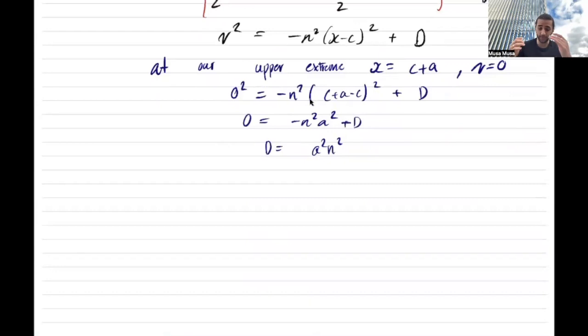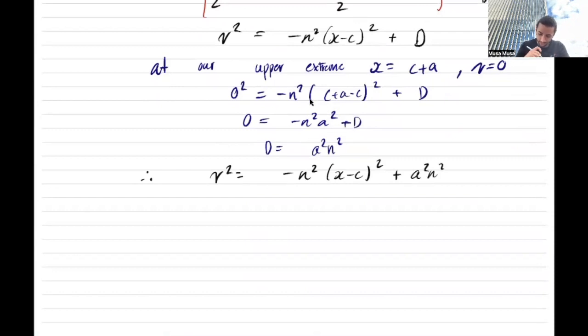Nice. So if we write this all together, now that we know what d is, we can write v squared as minus n squared, x minus c all squared, plus a squared n squared. By just taking out a negative n squared, you get a squared minus x minus c all squared. Now, this is a very sick form.